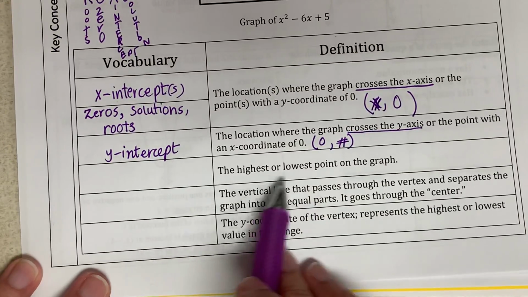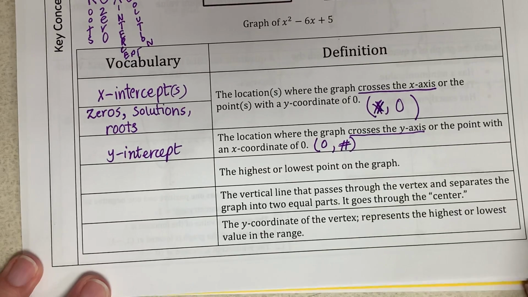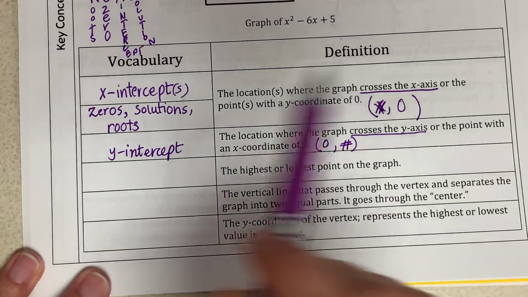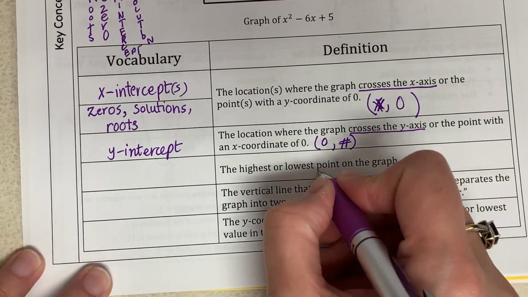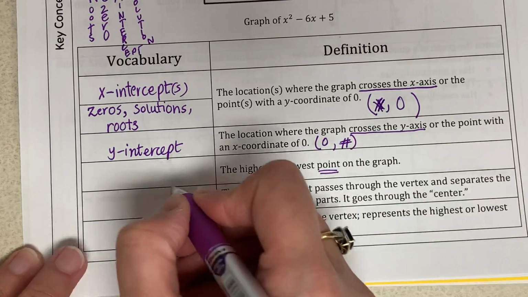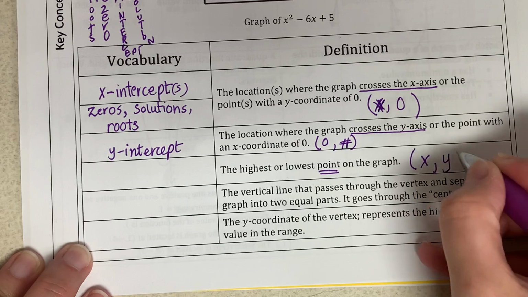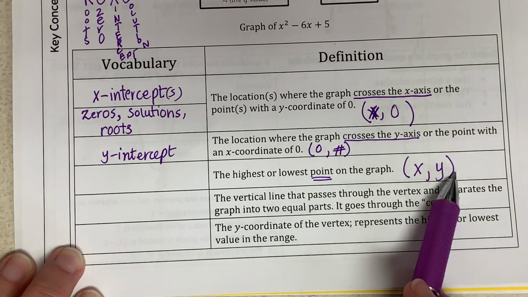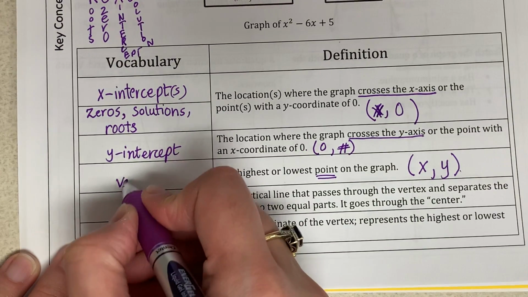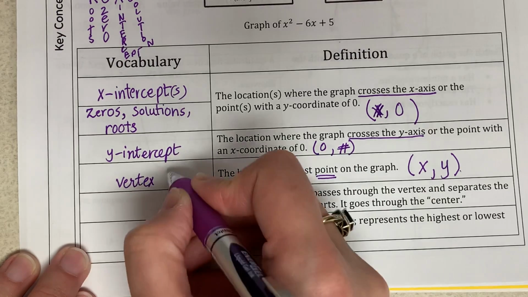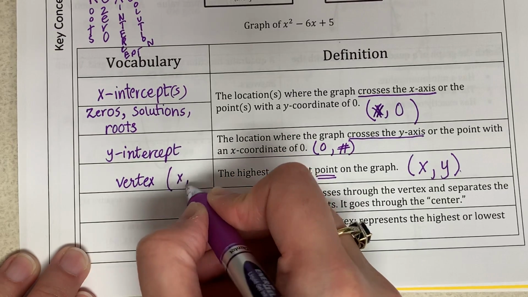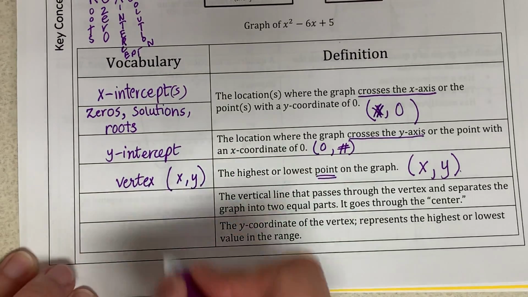This is the highest or the lowest point of the graph. They're talking about the point, and in math, a point is an ordered pair or coordinate, which is x, y. So they're talking about the vertex, because the vertex is x, y. That should be the point.